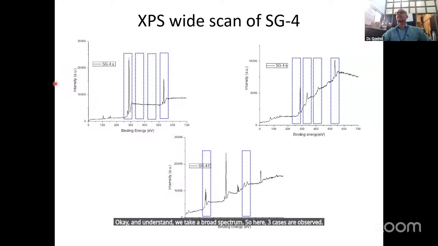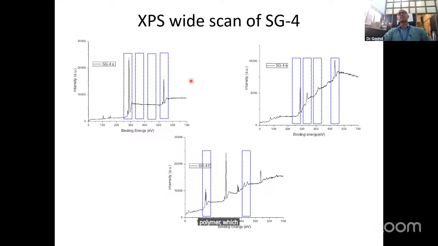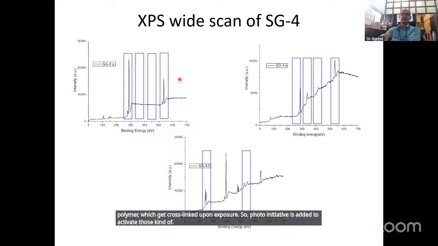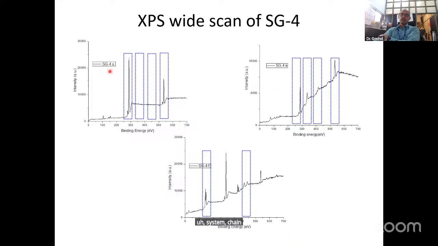One case is the sample in ideal condition, as printed. The second stage is the sample exposed to ultraviolet light, because these are special polymers which get cross-linked upon exposure. A photoinitiator is added to activate that kind of chain system. So one is the unexposed sample, the second is the exposed sample, to see how the chemical changes occur, and XPS is the best tool to understand what is happening on the surface.